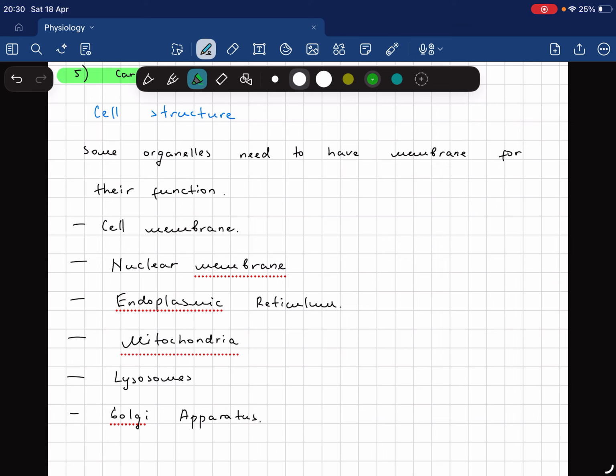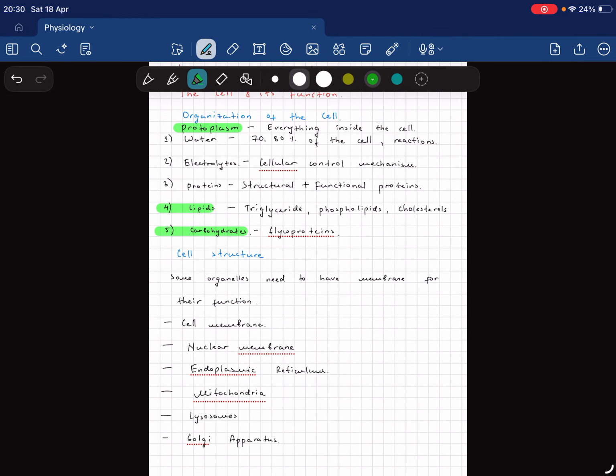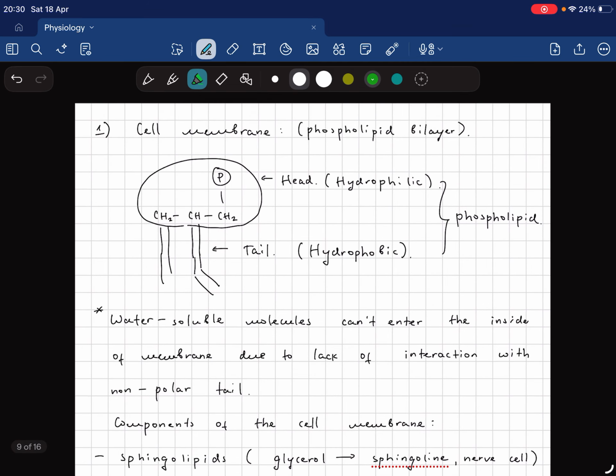The cell membrane is one protection, and organelles have protection from the cytoplasm also. The cell membrane, nuclear membrane, endoplasmic reticulum, smooth and rough endoplasmic reticulum, mitochondria, lysosomes and Golgi apparatus have membranes.